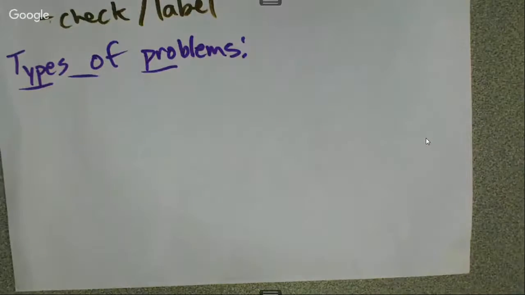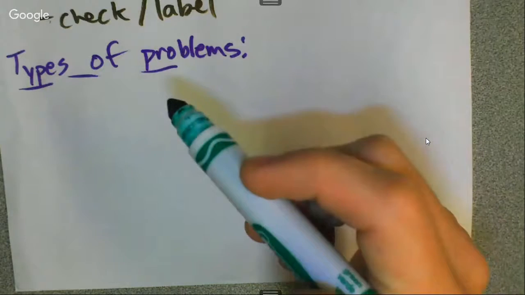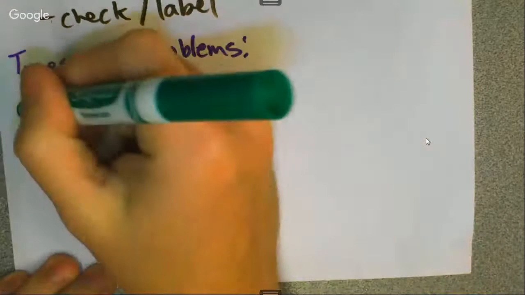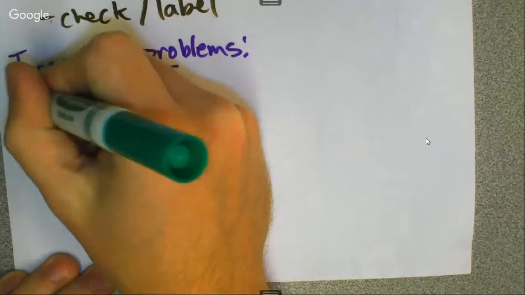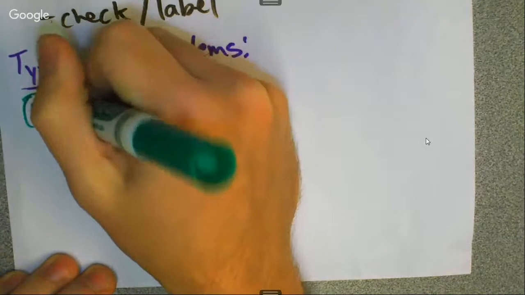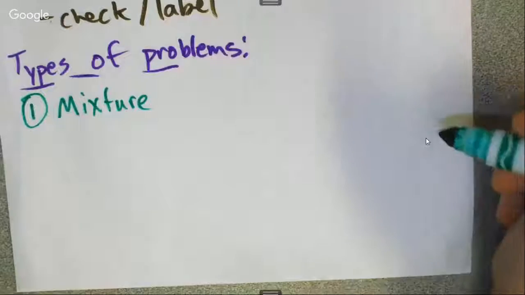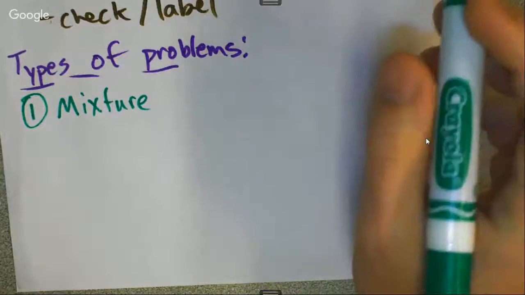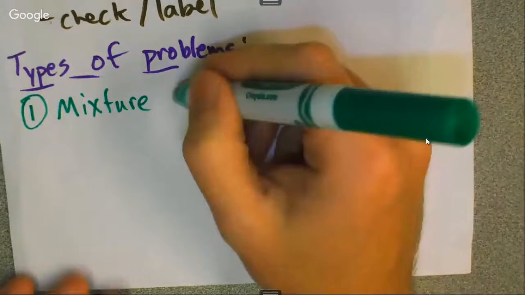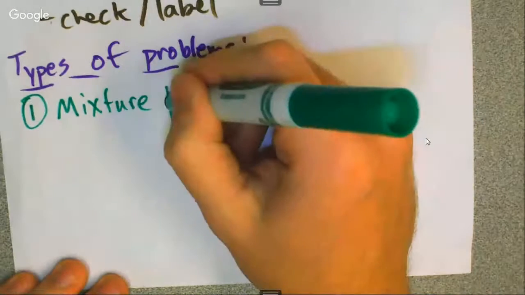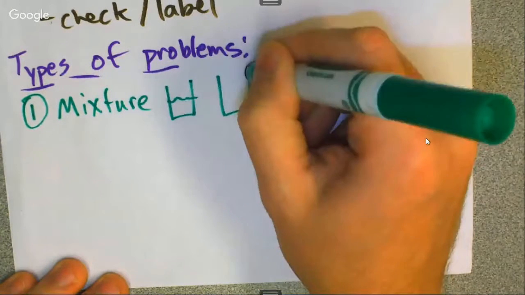Okay, so number one, we're just going to talk about my favorite types of problems, and those are mixture problems. Okay, a mixture problem is we're taking two, usually you do this in chemistry.